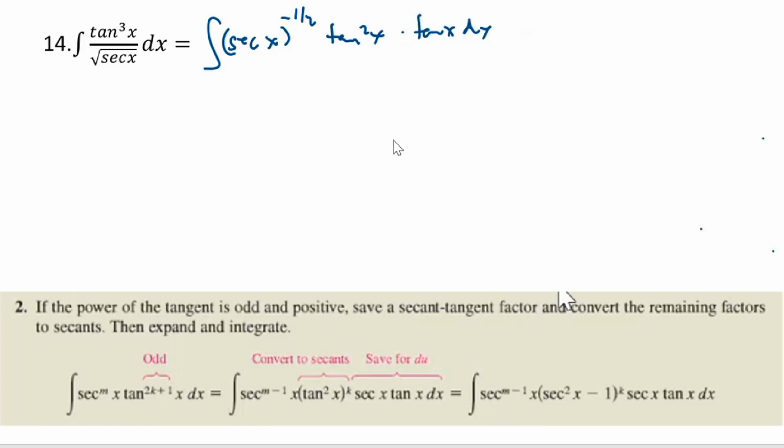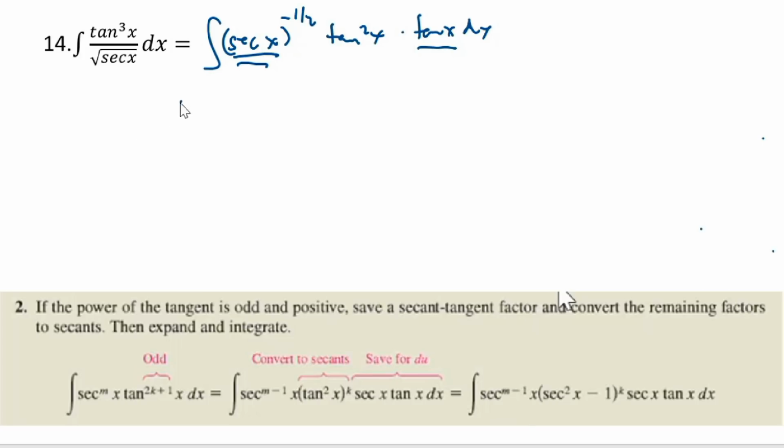Since our goal here is to have a factor of secant x tangent x, we're lacking a secant x. So where are we going to get that secant x? We are going to get the secant x from the secant x to the power of negative 1 half. So therefore, I will just subtract the exponents, negative 1 half minus 1 half.